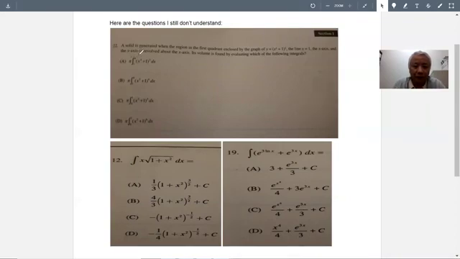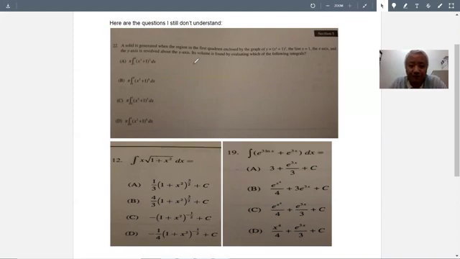A solid is generated when the region in the first quadrant enclosed by the graph of y equals (x squared plus 1) to the third power, and the lines x equals 0, x equals 1, and the x-axis and the y-axis is revolved about the x-axis.